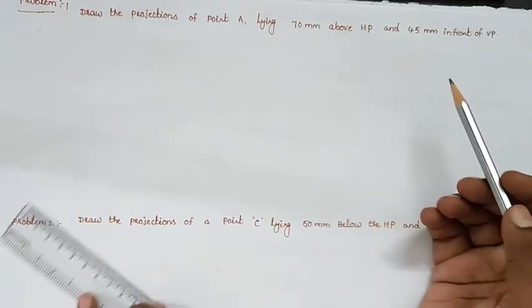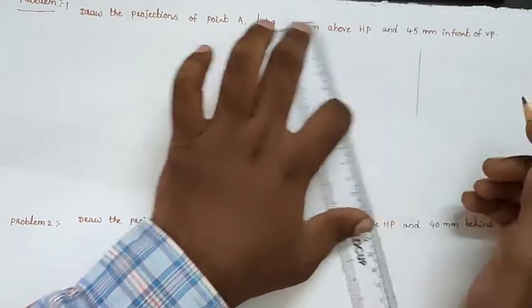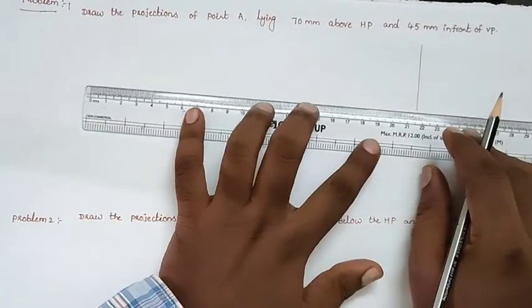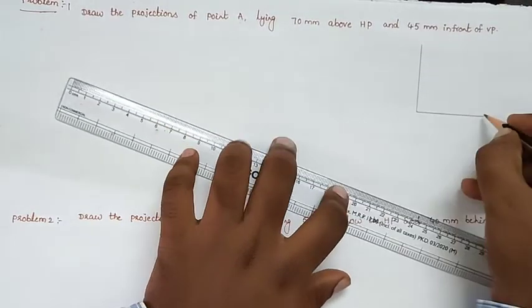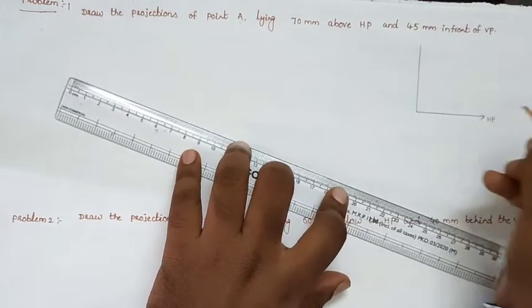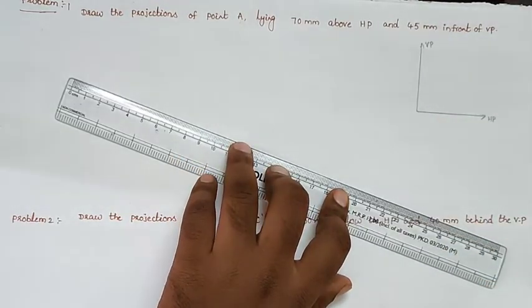So first we will draw the rough diagram of first angle projection like that. So this is the horizontal plane and this is the vertical plane. I am drawing the rough diagram only in a two-dimensional way.